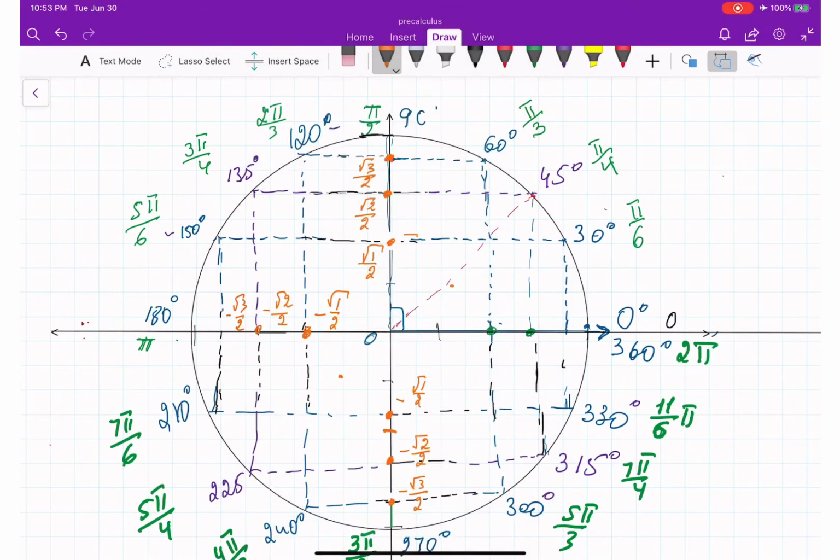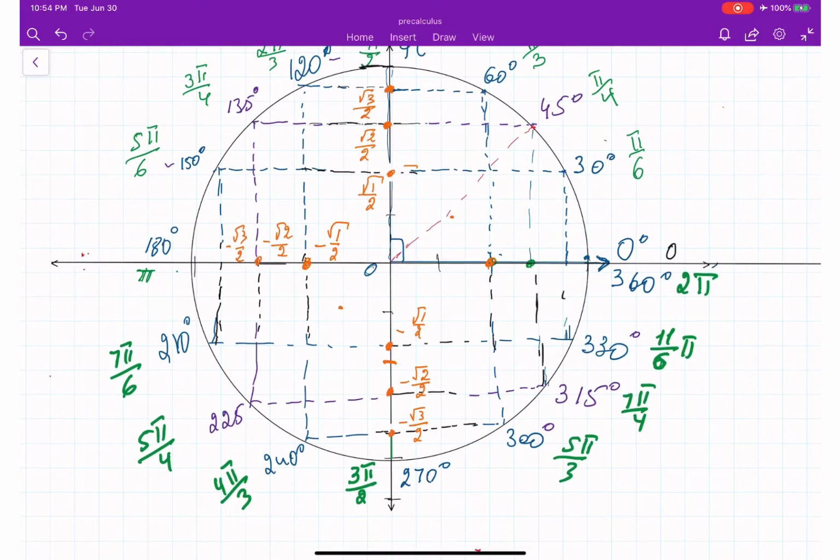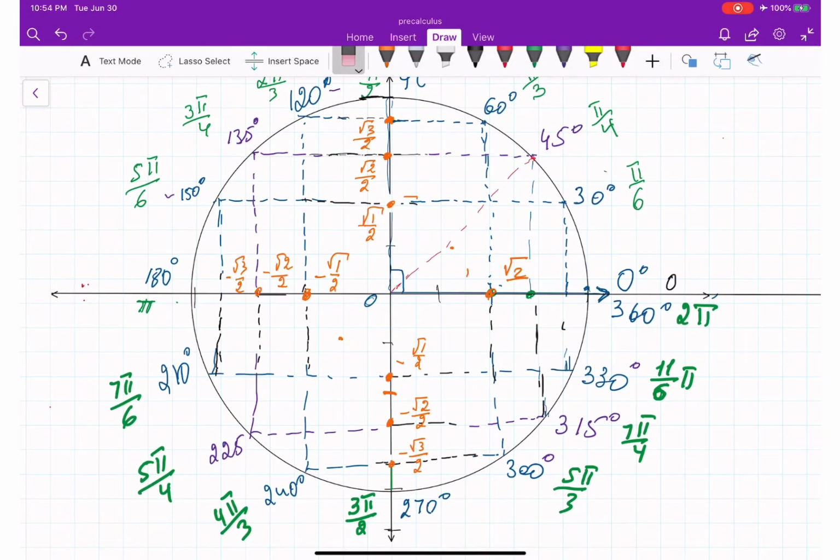What's happening on this side? The pen doesn't want to write. Let me write a little bit higher, so maybe it will take.